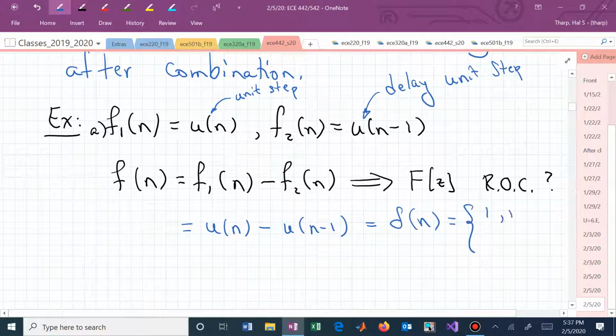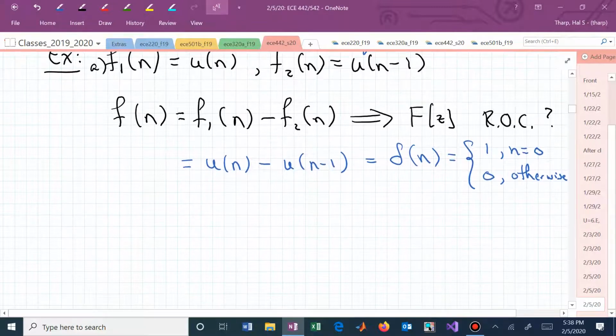The result is in fact just the unit pulse. And that unit pulse has a different region of convergence than either f1 or f2.